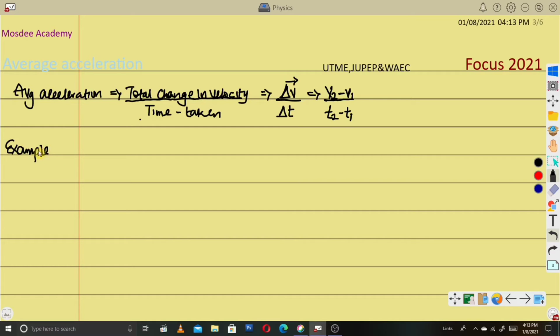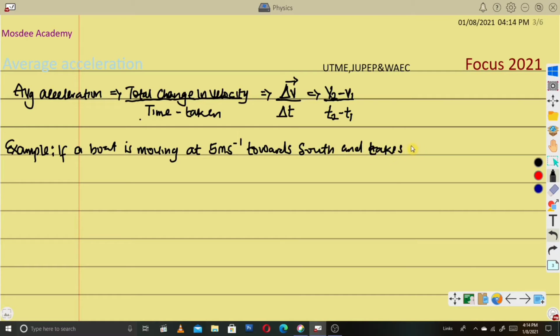Example: a boat is moving at 5 meters per second towards south, and takes a turn towards east.